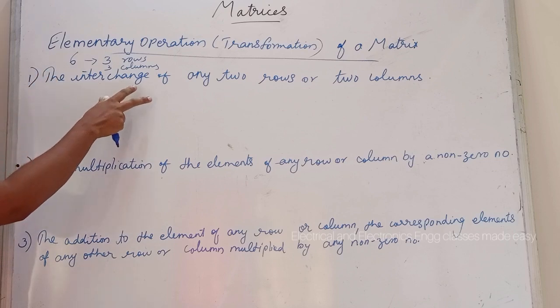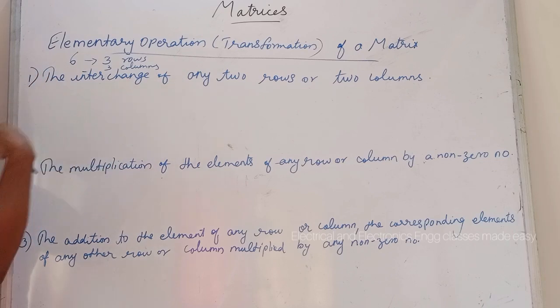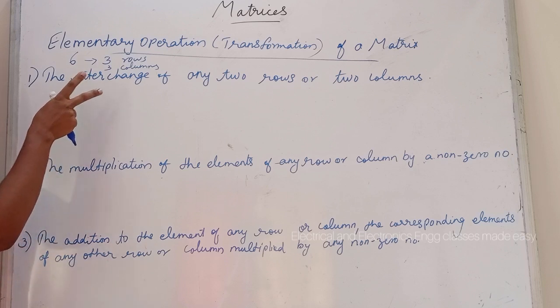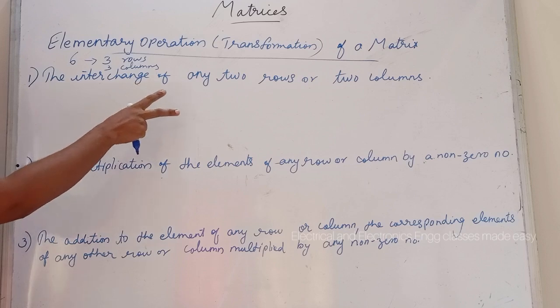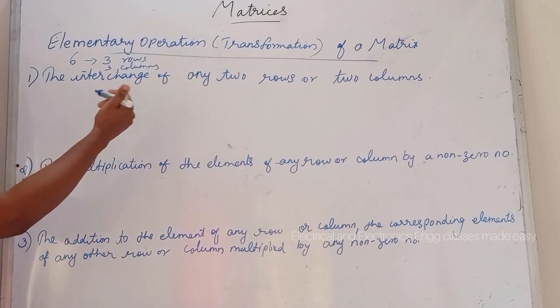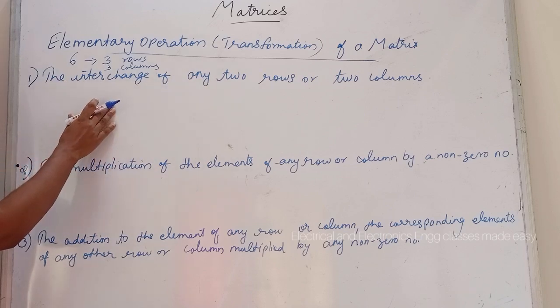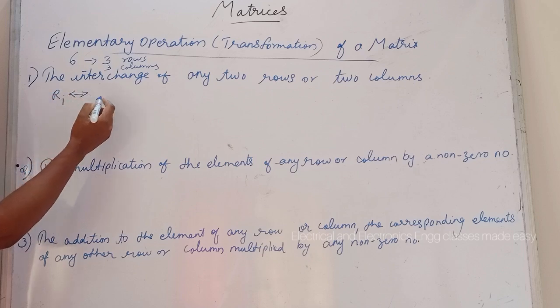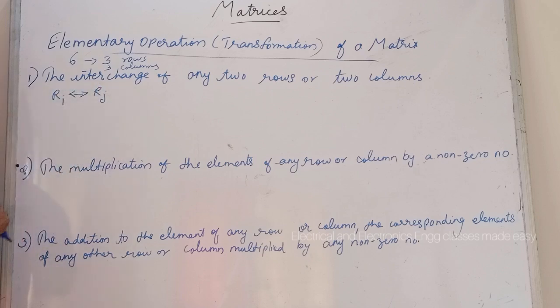First one is the interchange of any 2 rows or 2 columns. The interchange of 2 rows or 2 columns is symbolically denoted by, let Ri interchanged with Rj.